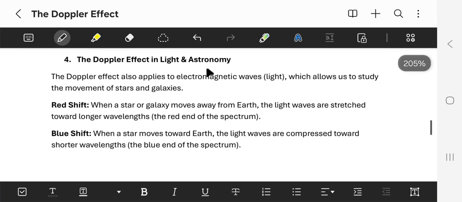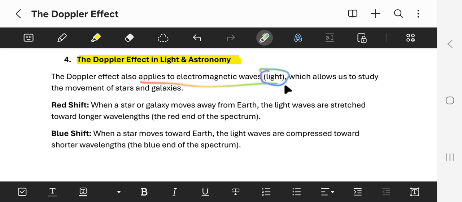Here we are now going to talk about the Doppler effect in terms of light and astronomy. When we talk of the Doppler effect, you will learn that it also applies to electromagnetic waves, particularly light, which allows us to study the movement of stars and galaxies.